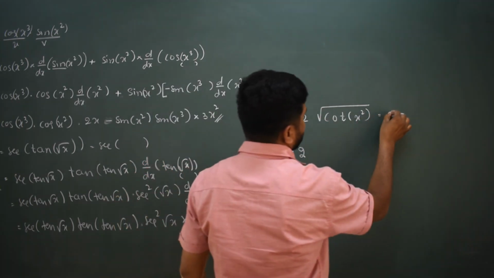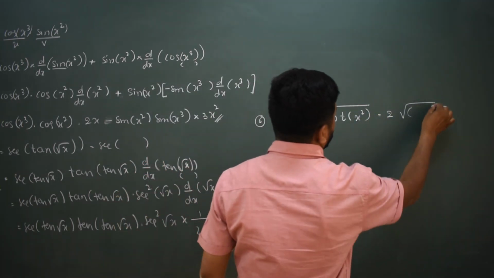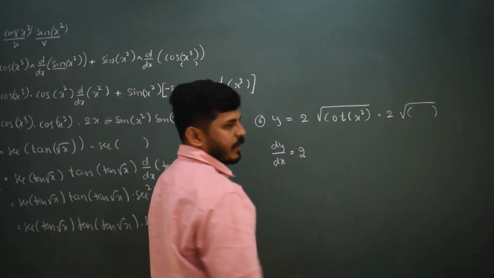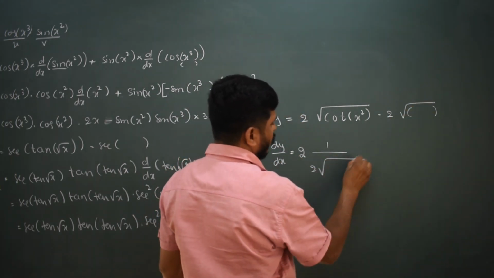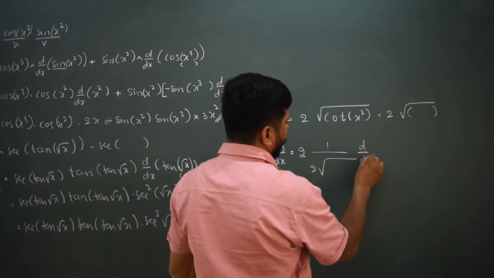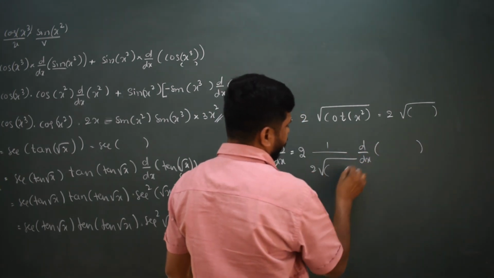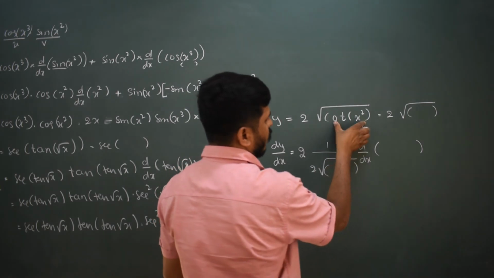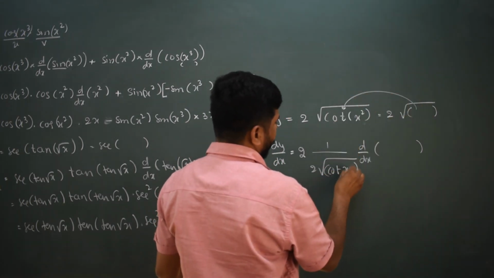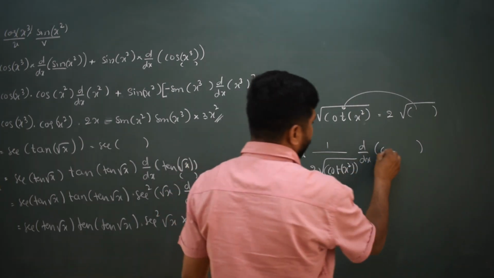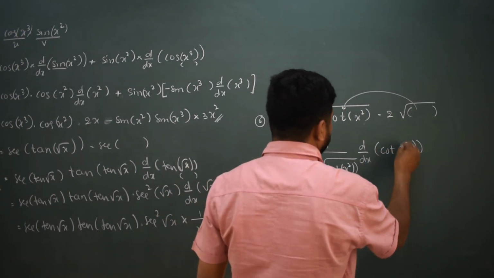Root differentiation, it is like 2 root of something. 2 is the coefficient I kept as it is. Root differentiation is 1 by 2 root into d by dx of something. What is something here? This is cot x square.